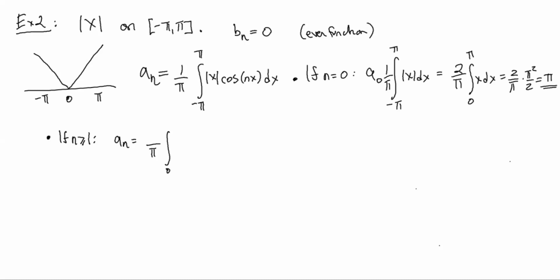I can always do this trick for even functions. Because the integral on the negative half is the same as it is on the positive half. That's one of the consequences of being an even function.